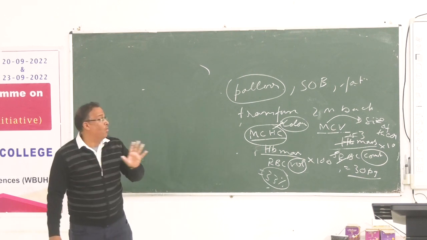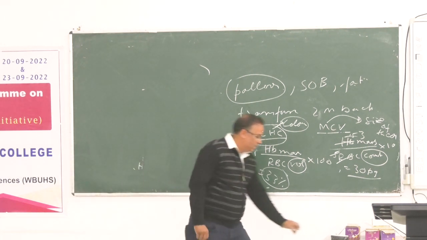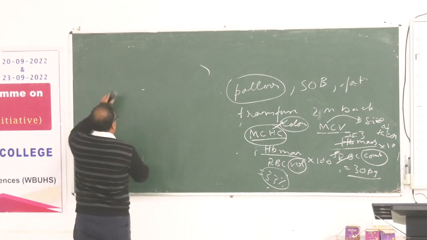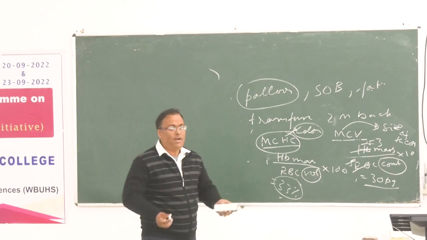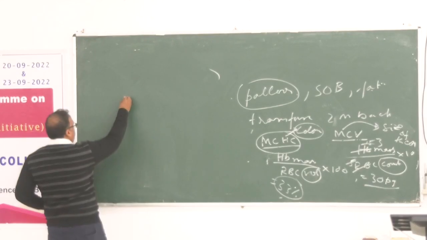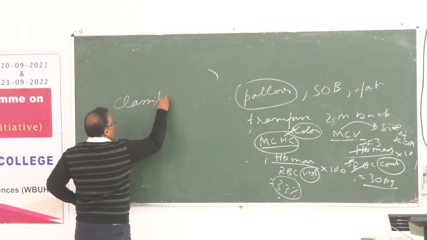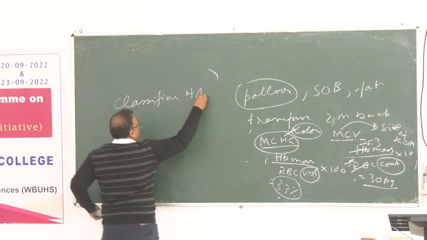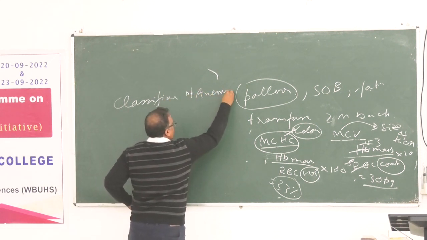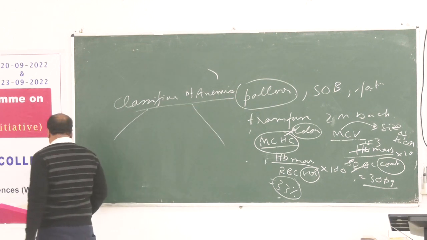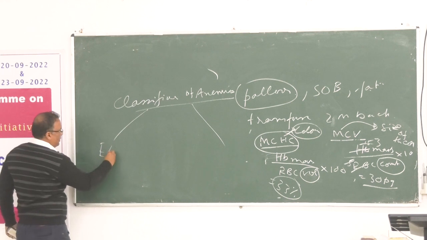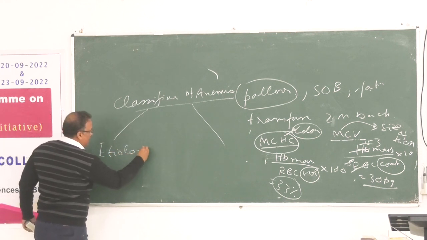Hyperchromic is only seen in case of hereditary spherocytosis. Okay? Now, classification of anemia. What do you mean by classification? You have to know this. Why do you have to know? To reach a diagnosis. So, classification of anemia. Two parts are there. One is, what did I say? Etiological.